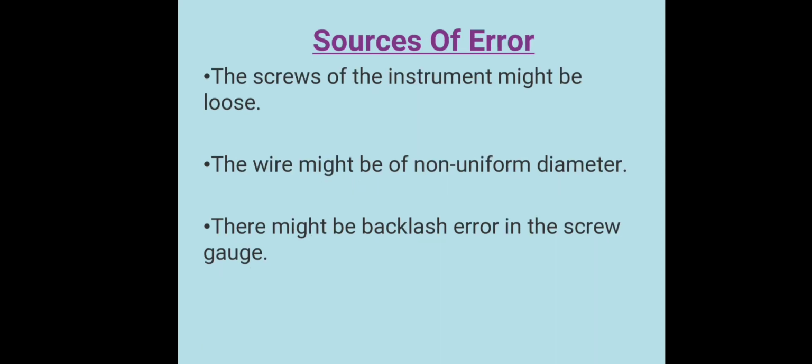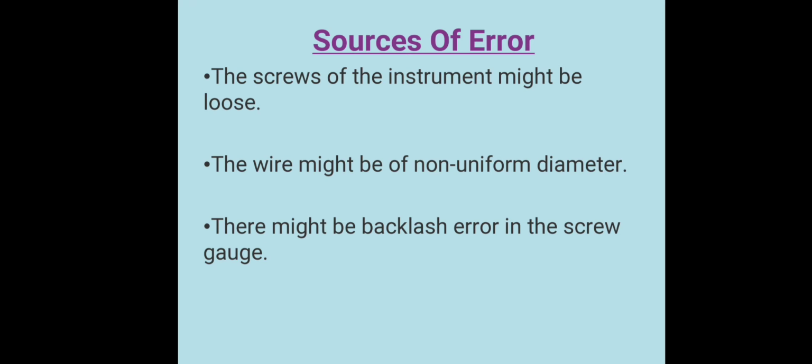Then let us see a few sources of errors. Number one, the screw of the instrument might be loose, especially the resistance box, which causes a lot of problems in these experiments. Next, the wire might be of non-uniform diameter.